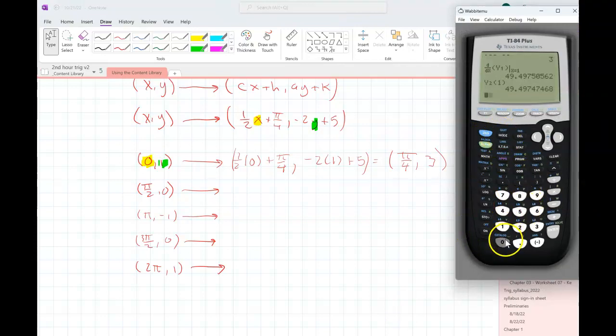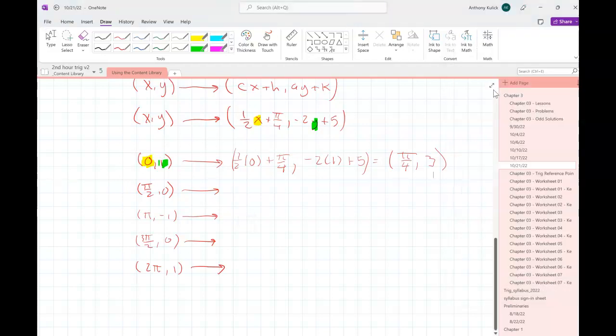So for example, if I'm wondering whether 0 plus pi over 4 equals pi over 4, I'll do pi over 4 in my calculator, or 0 plus pi over 4, and see they're the same decimal, right? So those two must be equal. You know what I'm saying? Let's do the next one then.